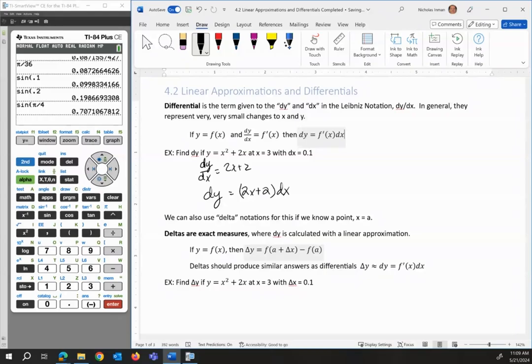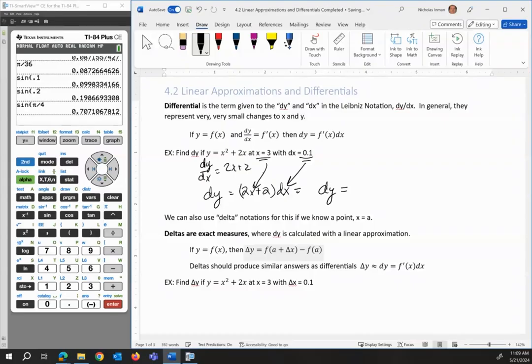And so if you're at 3, you can put 3 there, and you move just 0.1 away from 3. You change your x value by just like a 0.1. How should that change your y value? We're at 3, we move 0.1 away from 3. So how should our y value change?